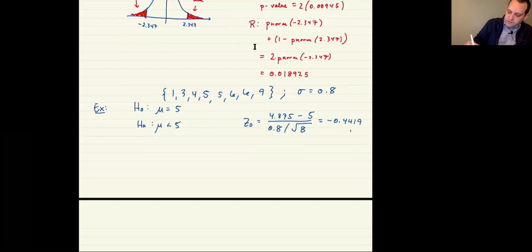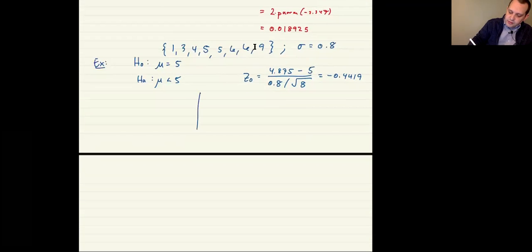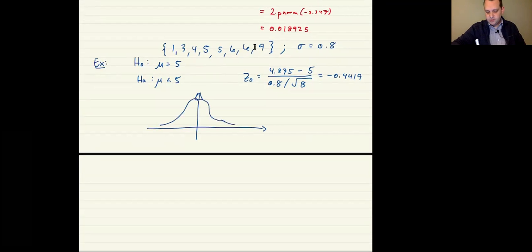So negative 0.4419. And what we're going to do then is think about how this would translate to the standard normal. Here we have the standard normal, with mean 0 and standard deviation 1. And we just found negative 0.44 somewhere over here. So negative 0.4419.